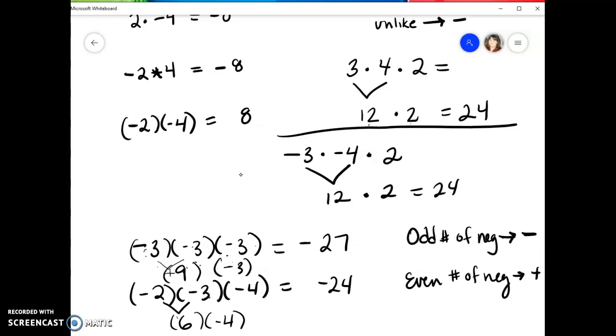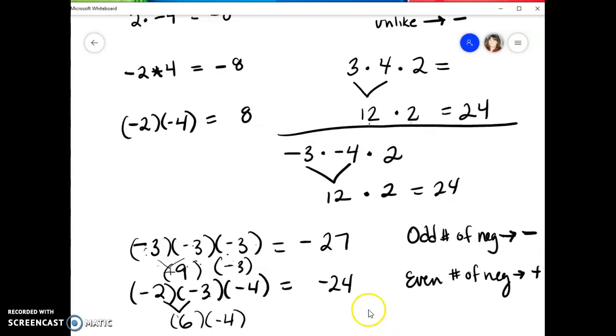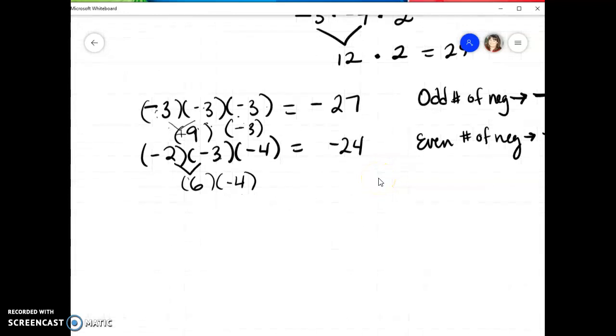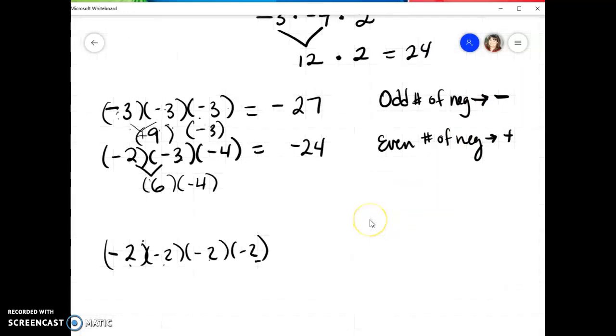Because if I change this and said, okay, what if I multiply negative 2 times negative 2 times negative 2 times negative 2? I have 1, 2, 3, 4 negative signs. So following my chart here, that's an even amount of numbers. So I should get a positive answer. But let's check.